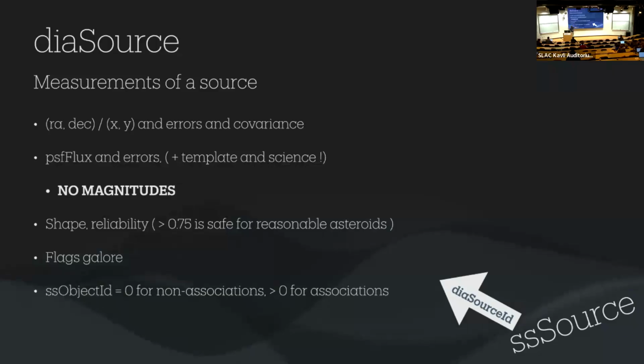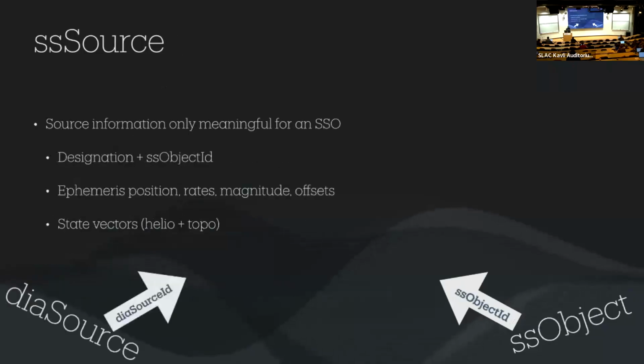The SS source table is not one-to-one, but maps every SS source to a dia source, and you can map them together with the dia source ID column. SS sources have the source information that is only meaningful for solar system object sources. The SS source table does not include the previous data for dia sources.